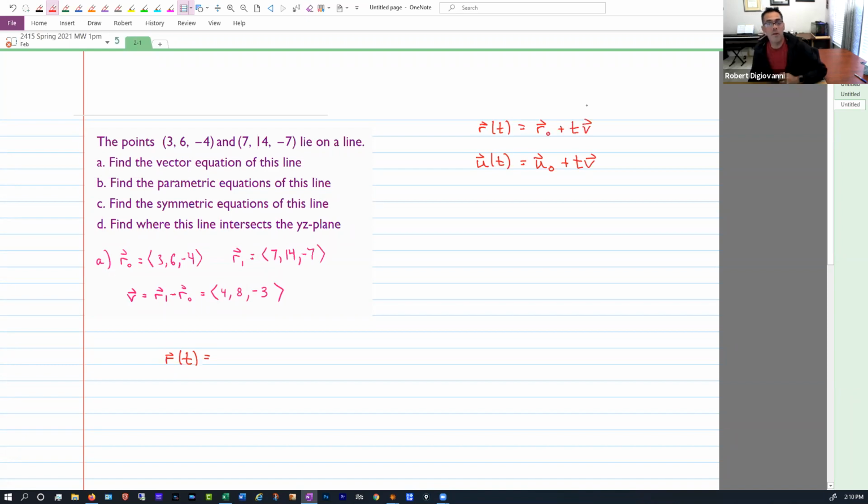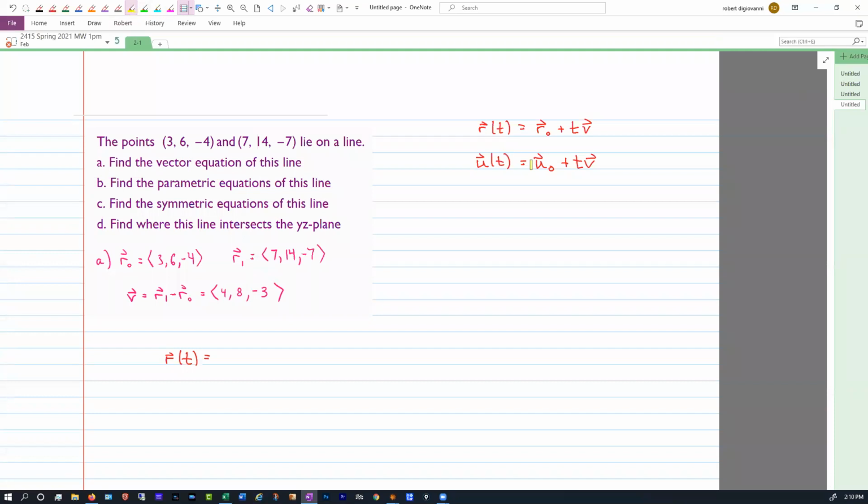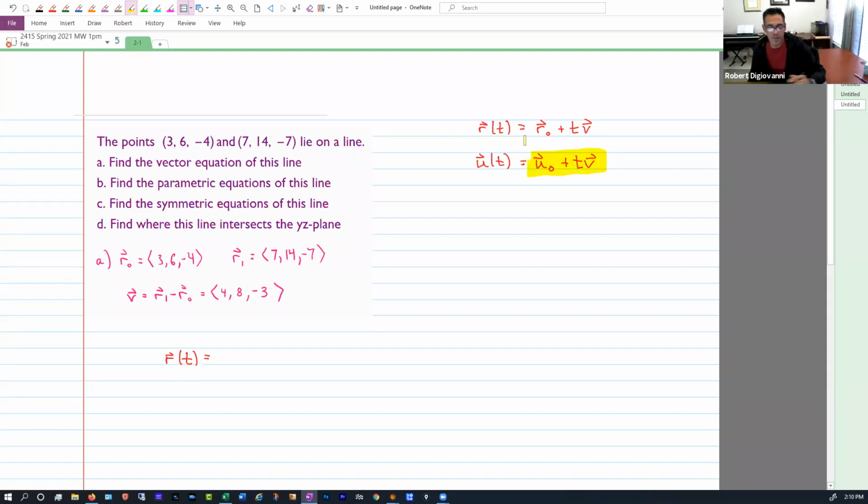My professor helped us remember it. He called this the couch potato formula. U plus TV, like you and a TV, right? You're sitting on the couch watching TV. If that helps you remember it, great. If not, because we're using R, it's not as good. But the vector equation of a line is always your initial vector, which is R naught here, plus t times the direction vector.